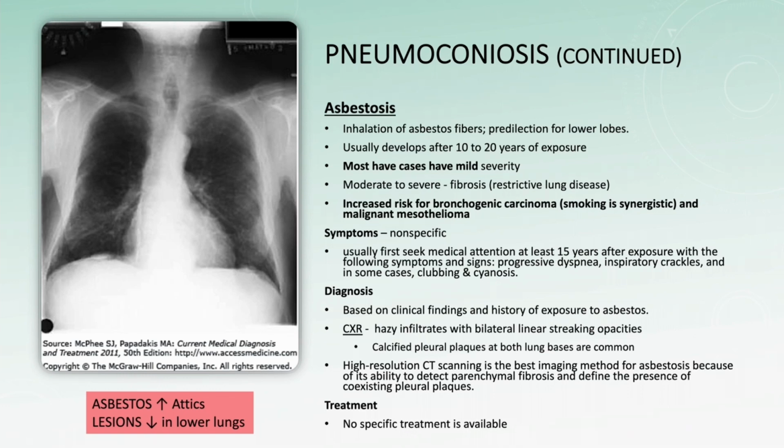And one other thing I wanted to mention is when we say asbestosis, asbestosis is the pneumoconiosis. It's one of the findings that can happen because of asbestos exposure. So this is asbestos exposure. It's a big category.